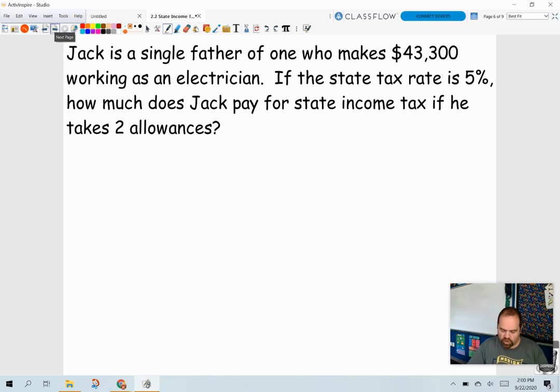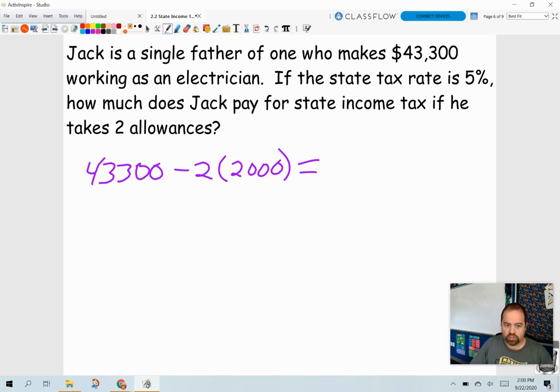Jack's a single father of one who makes $43,300 working as an electrician. The state income tax rate is 5%. How much does he pay if he takes 2 allowances? So he's taking allowances for himself and his son. So we're going to start with his full salary, $43,300. We're going to take off his 2 allowances. Each allowance is a $2,000 deduction.